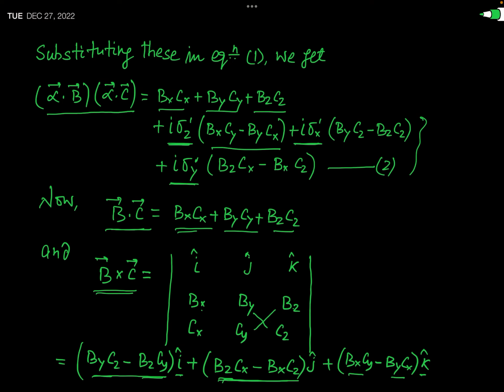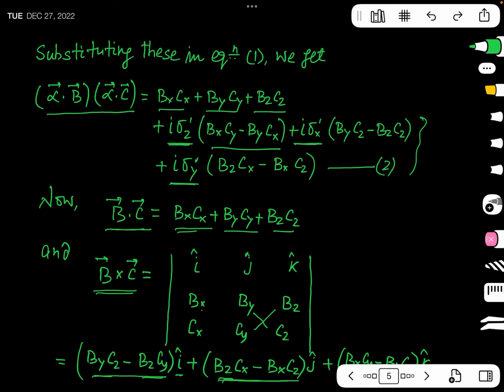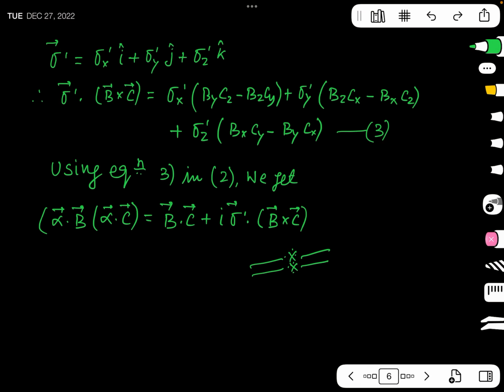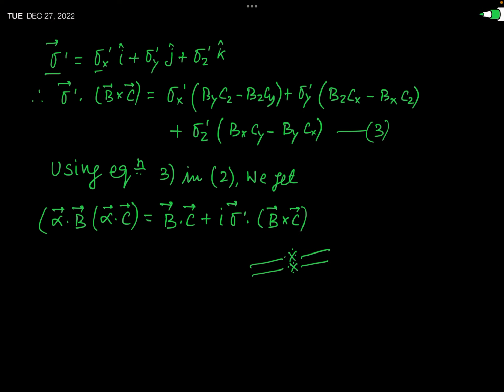So I have found the vector product. Now we will find the scalar product with the vector sigma dashed, which is defined like this: sigma dashed equal to sigma x dashed i plus sigma y dashed j plus sigma z dashed k. Then the scalar product of this sigma dashed and the b cross c vector will be what?